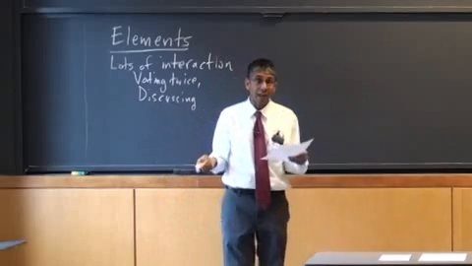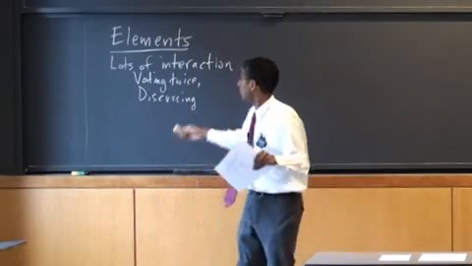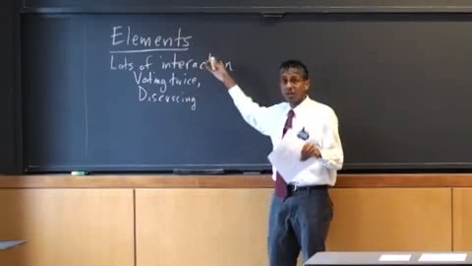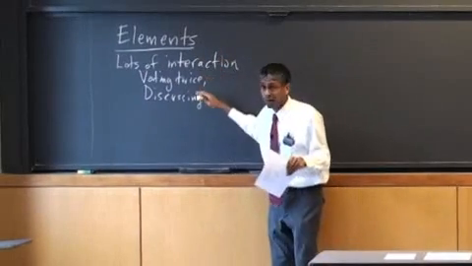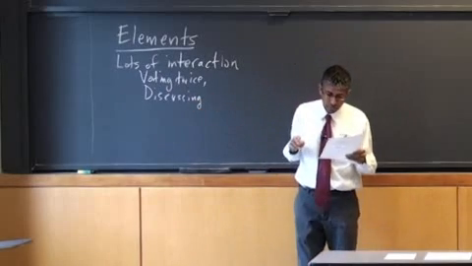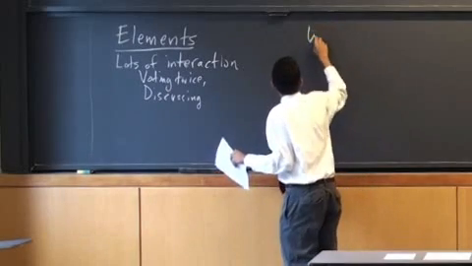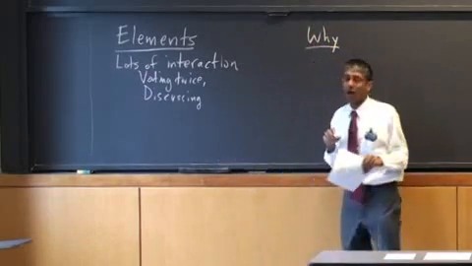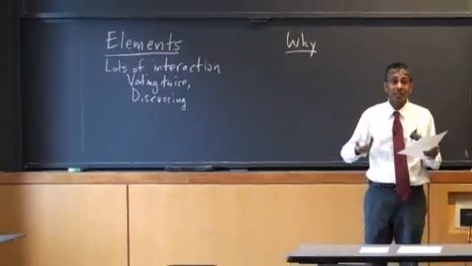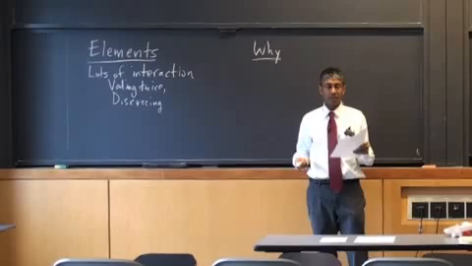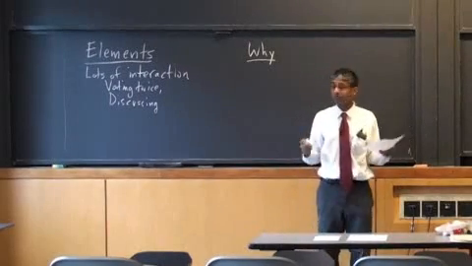What are the reasons for that? What are the educational principles behind designing a question that allows lots of interaction, voting, discussing? Well, first of all, the why: it gives the teacher, it gives me an idea of how the class is thinking.